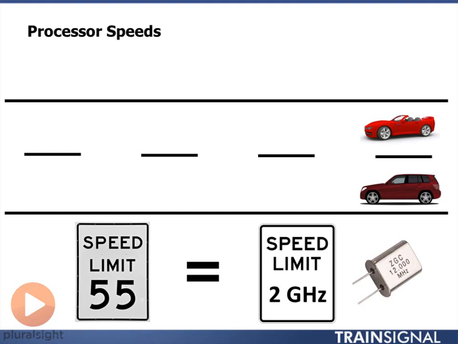If you go way faster than that, you may risk overheating or blowing up the engine. Processors have that same recommended limit. Maybe it'll be 2 gigahertz, which would be 2 billion cycles per second, and if you go faster than that, that's overclocking.